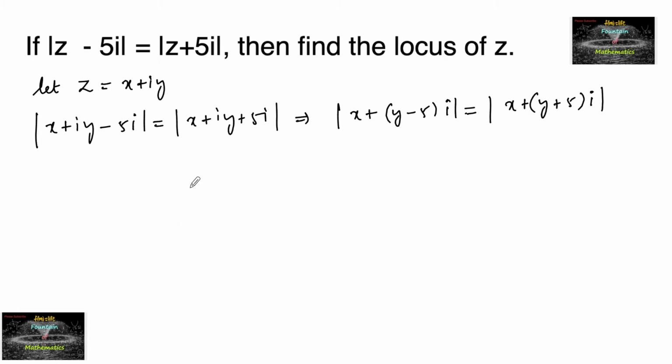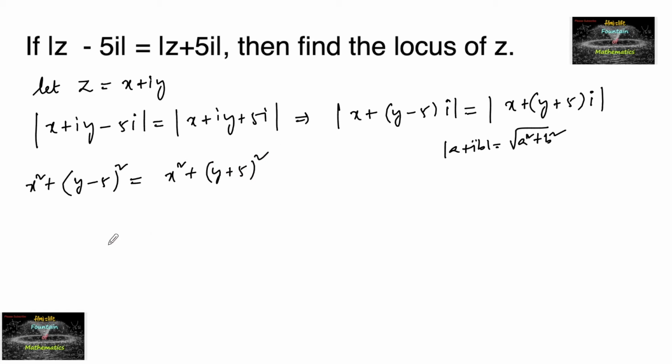Now applying the mod, since modulus of a plus ib is equal to root over a square plus b square, we can write here x square plus y minus 5 whole square is equal to x square plus y plus 5 whole square. Which implies x square gets cancelled.